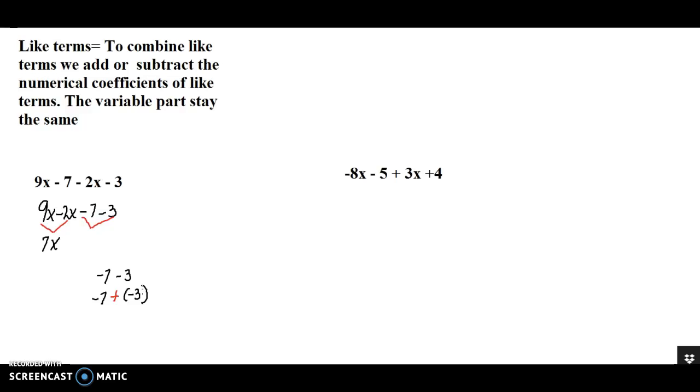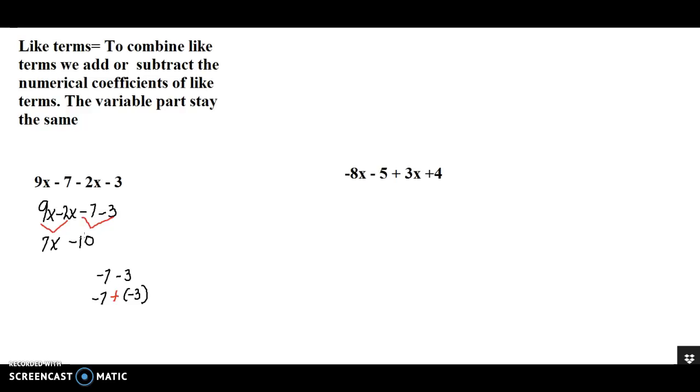And negative 7 plus a negative 3 gives me a negative 10. So I have 7x minus 10 would be my final answer. Because I cannot combine the 7x and the 10 because the 7 has an x and the 10 doesn't.